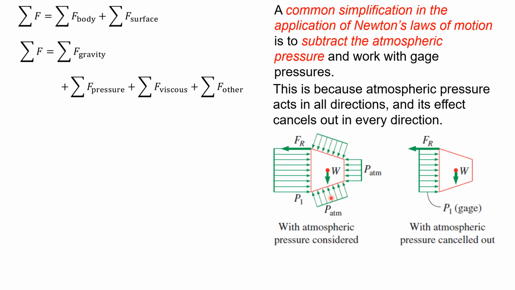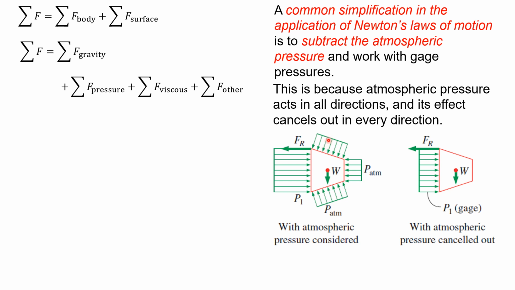So here you can see a body with a weight W, and a force acting to the left. The small green arrows indicate the atmospheric pressure. We can see atmospheric pressure is acting in all directions. So what will happen? Its effect cancels out in every direction.